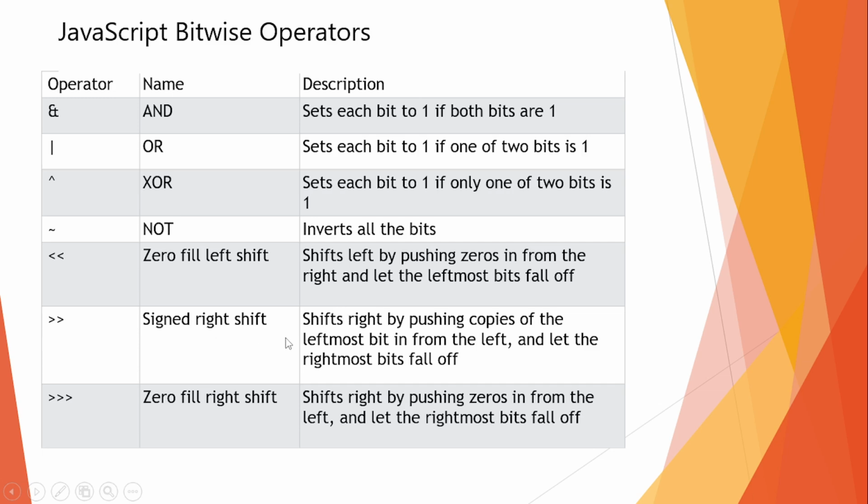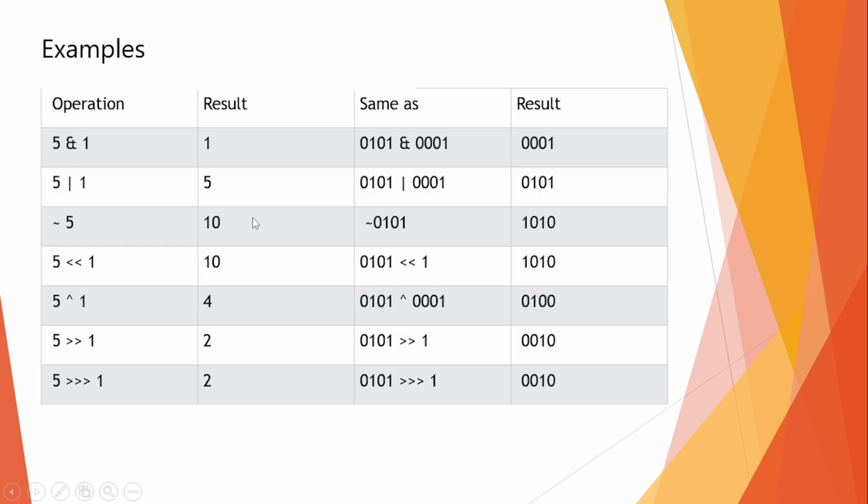Signed right shift shifts right by pushing copies of the leftmost bit in from the left and letting the rightmost bits fall off. Zero fill right shift shifts right by pushing zeros in from the left and letting the rightmost bits fall off. So these are the descriptions of these operators.